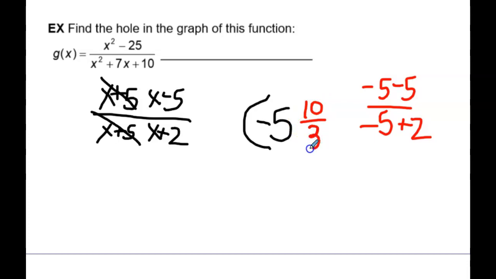And that's how you find a hole. You find the common factor, you set it equal to 0, and that's your x value. Then you cancel it and plug it back in. If you don't cancel it, you will end up with 0 over 0, which is undefined. All right. Questions on the whole?